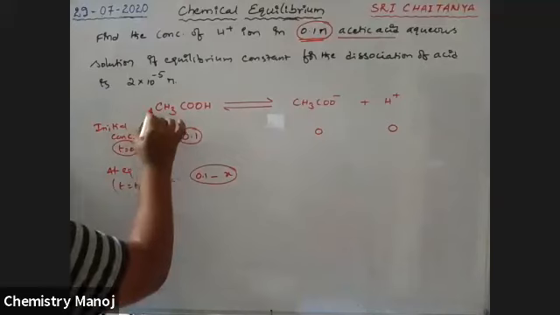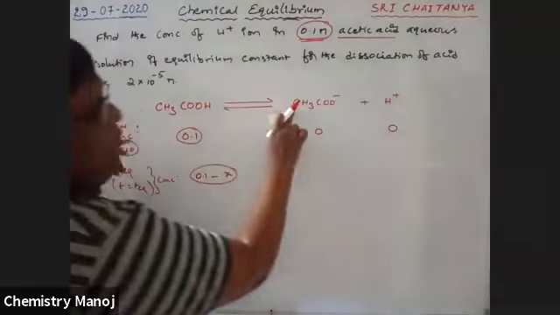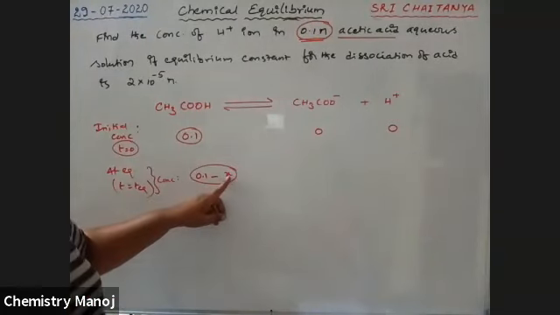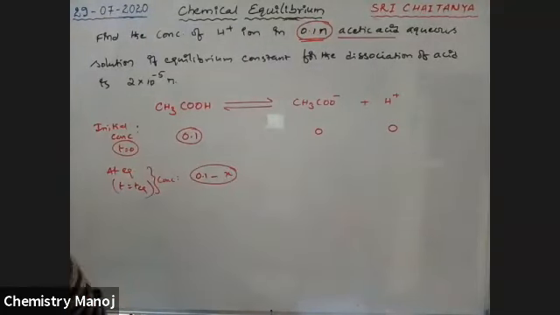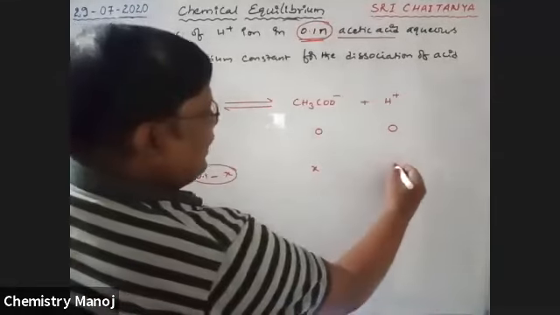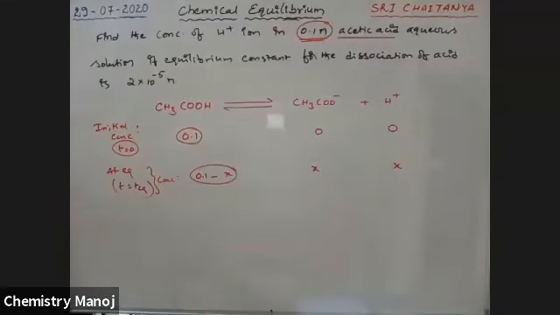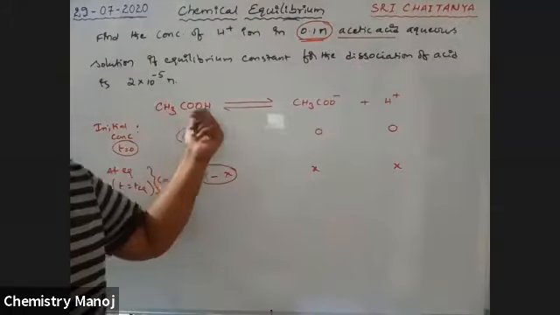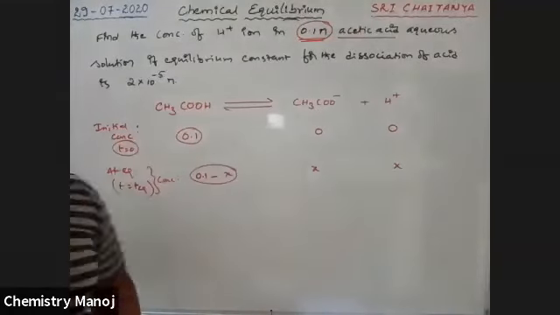So here 1 mole is involved in the dissociation. 1 mole of this one and 1 mole of this one is formed. Here x is involved in the reaction. Therefore, here x is formed. So these are the equilibrium concentrations of acetic acid, acetate ion, and H plus ion.